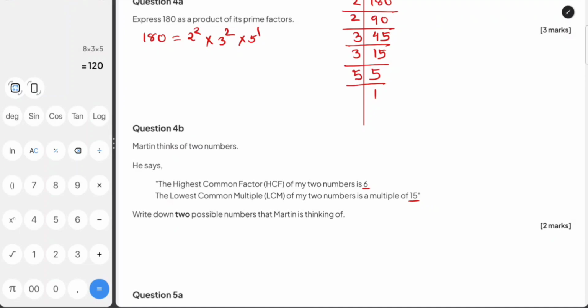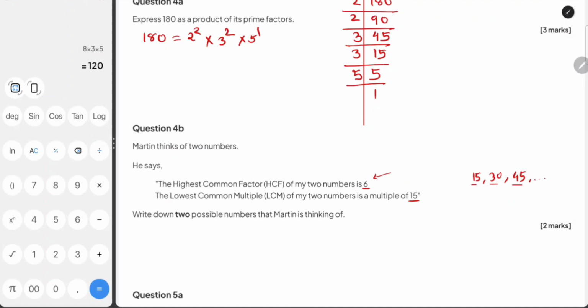Okay, now tell me what are the multiples of 15. They are 15, 30, 45 and so on. So we are supposed to think about two numbers whose HCF is 6. So both are multiples of 6, as well as their LCM is either 15 or 30 or 45 and so on.